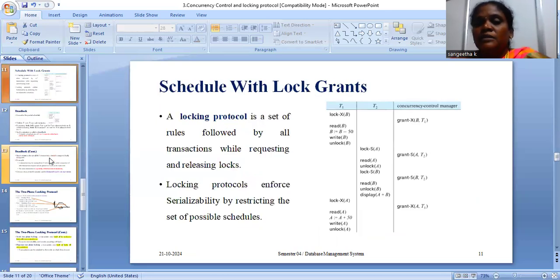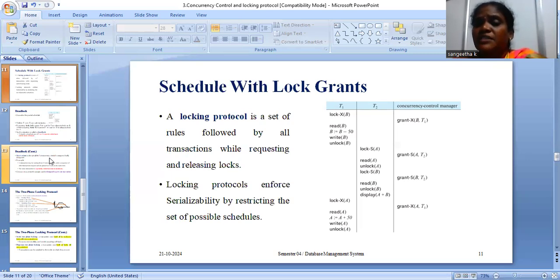The same applies when scheduling multiple transactions: the lock control manager, based on the received requests, will sanction the lock. In this example, T1 and T2 are two different transactions.